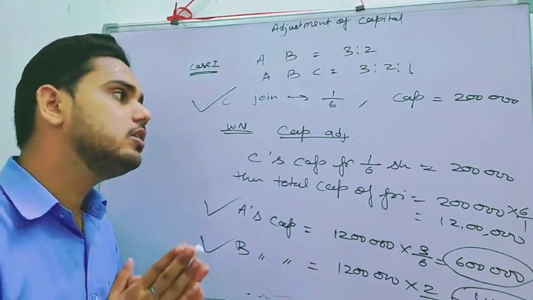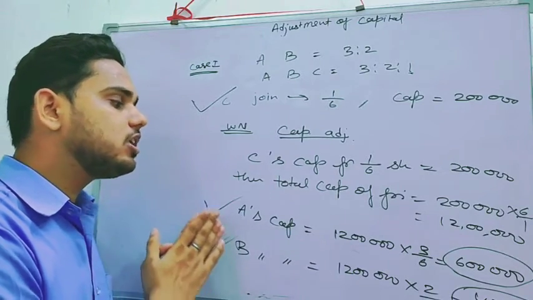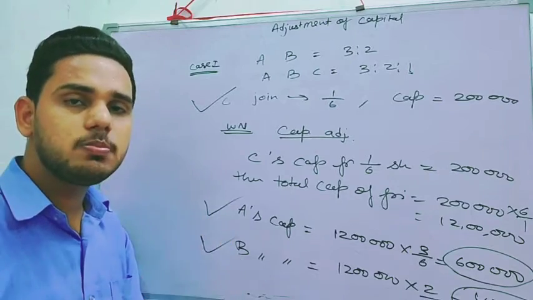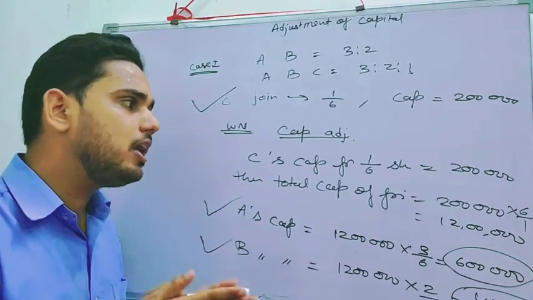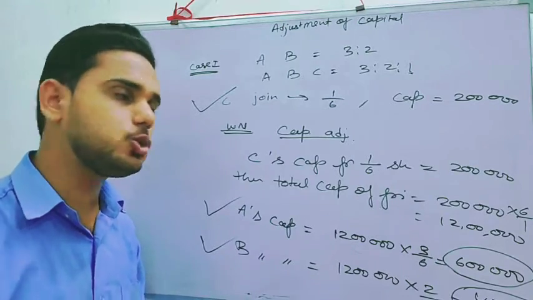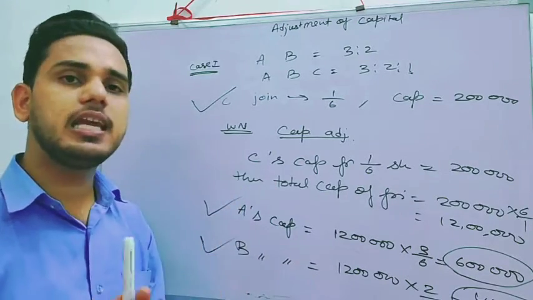What did the question say? The question said that the closing capital of the old partners, or the readjustment of capital, will be made on the basis of the new partner's capital and his profit sharing ratio. So I hope this is clear to you.